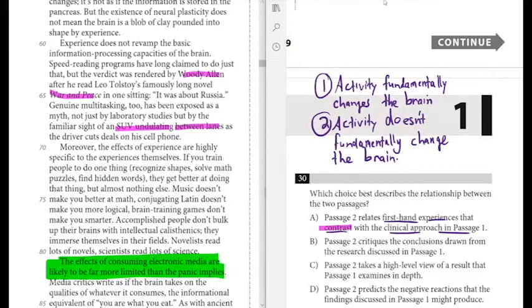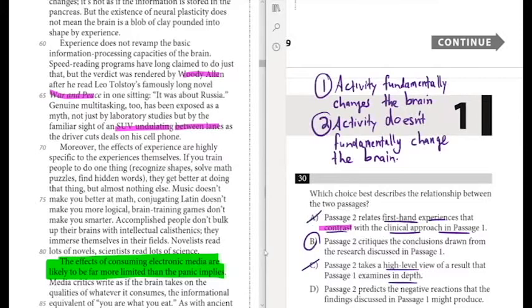Answer choice B, passage 2 critiques the conclusions drawn from the research in passage 1. So that's nice and simple, and it essentially says that they disagree with one another. So we can take answer choice B. Answer choice C, passage 2 takes a high-level view of a result that passage 1 examines in depth. So first of all, high level and in depth kind of sound like the same thing to me, and they're not really saying a whole lot of anything, and they're definitely not matching what we said in our own words.